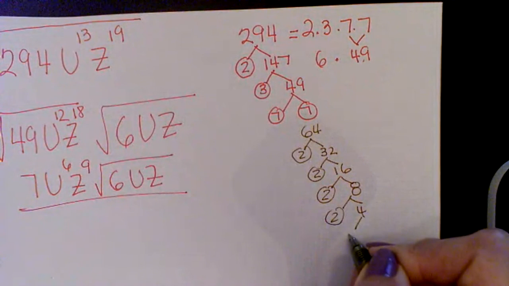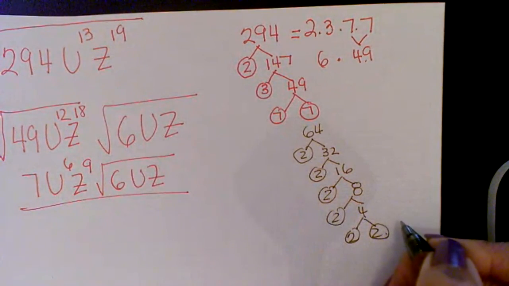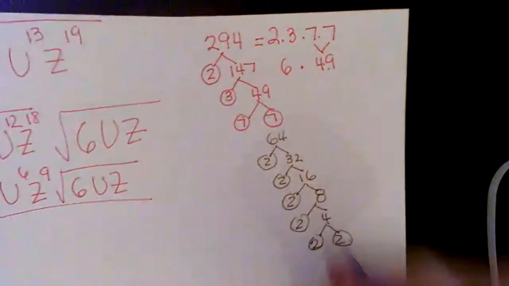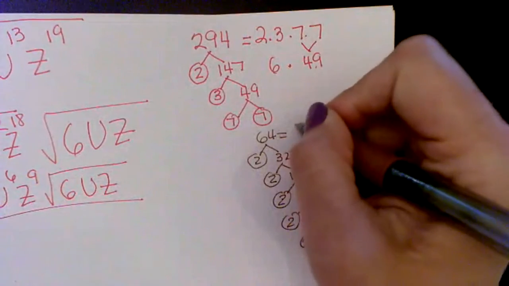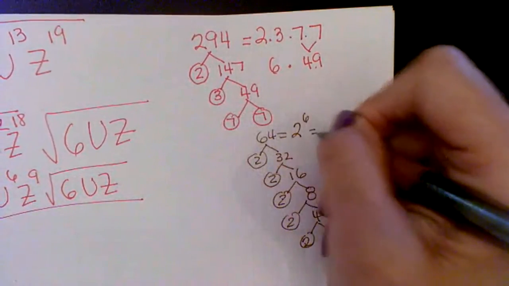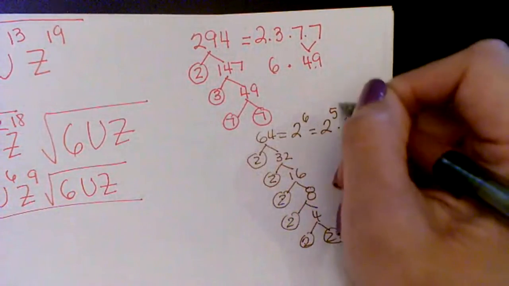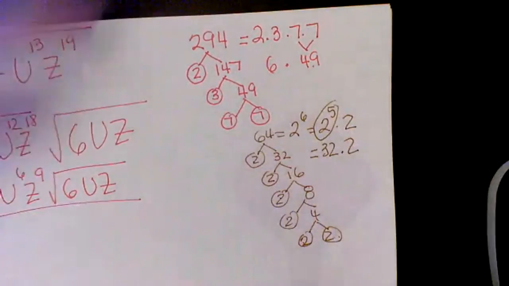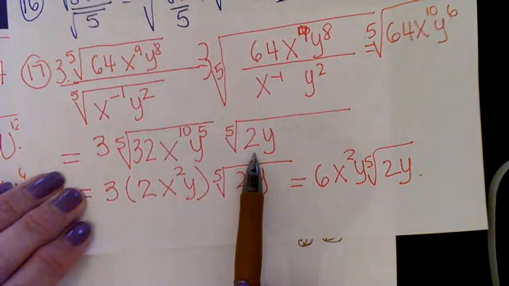And 4 by 2 is 2. And we were doing the fifth root. All right. So how many do we have? 1, 2, 3, 4, 5, 6. So we have 2 to the 6th power. So we need this one and this one. And 2 to the 5th power was 32. So that's why we divided 32 and 2.